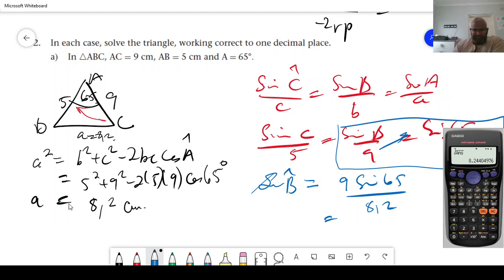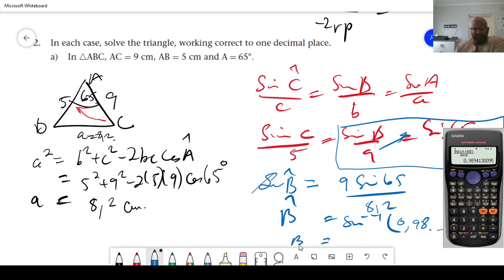Okay, so to get angle B on its own, I'm going to say arc sine of, in the calculator, 9 sine 65 over 8.2, which gives 0,98 and the number of course carries on.